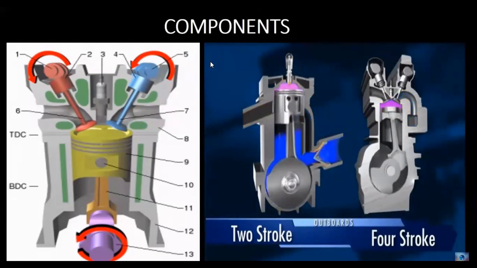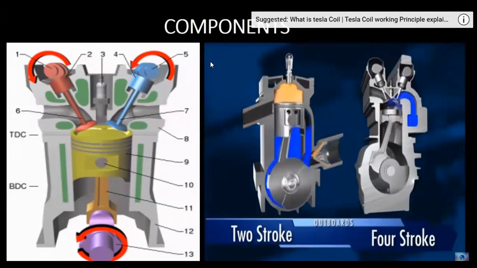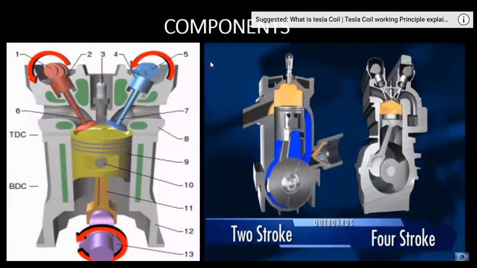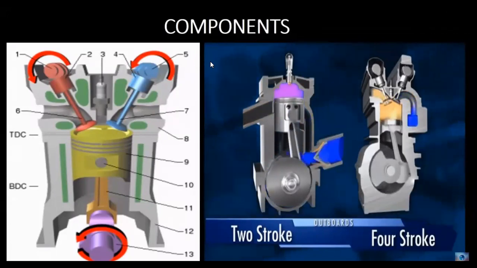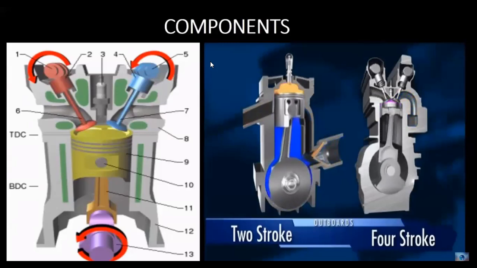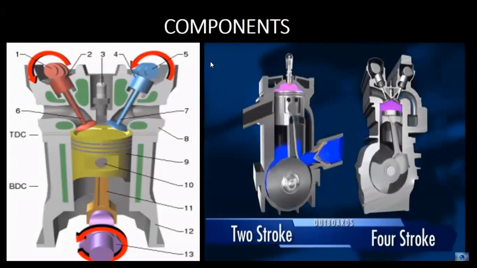Number 8. Cylinder head. Number 9. Piston. Number 10. Piston pin. Number 11. Connecting rod. Number 12. Engine block. Number 13. Crankshaft. While TDC stands for top dead center, and BDC, bottom dead center.